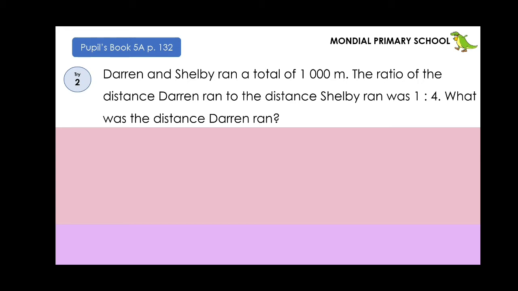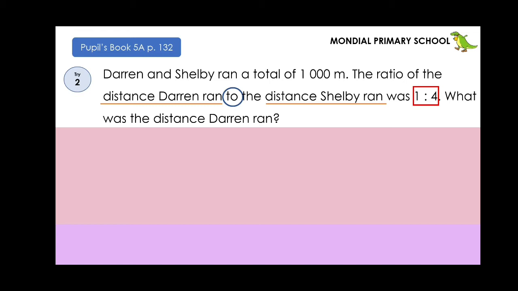What was the distance Darren ran? What are we comparing? The distance Darren ran to the distance Selby ran. What is the ratio? It is 1 to 4.